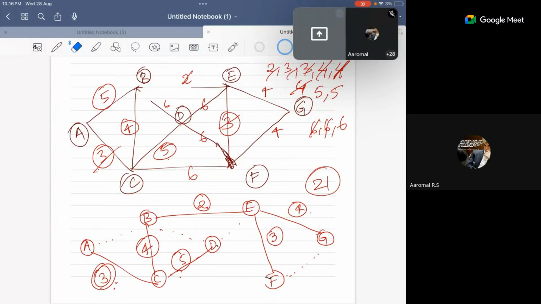Kruskal is much easier, and you can solve it without even doing anything. The only thing is, when using Kruskal, the graph is not connected along the way, but in the end you will get a connected graph, whereas for Prim's you'll have a connected graph from the start. I hope this is clear to everyone.